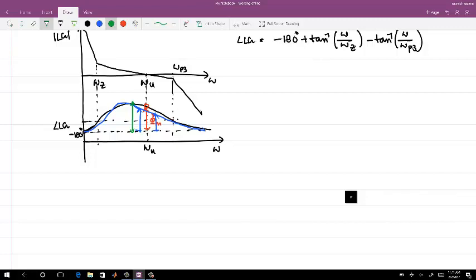Right. So let me just say, any of this red or blue curve corresponds to your suboptimal phase margin design.